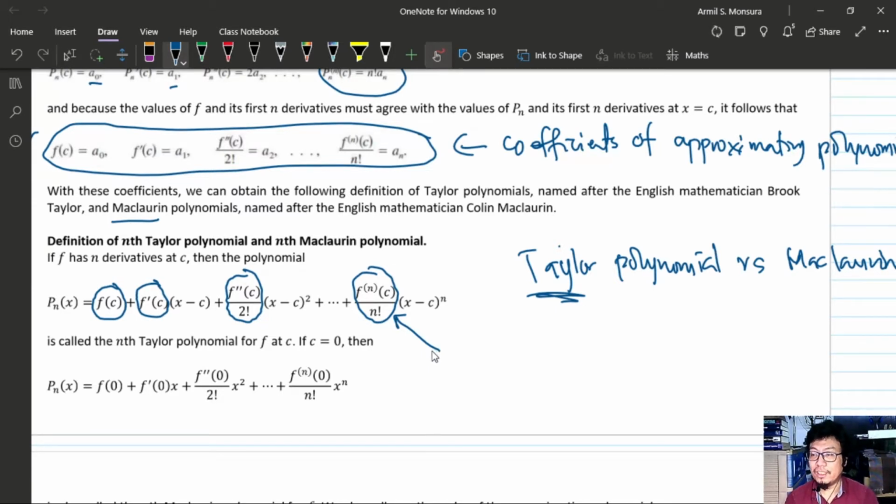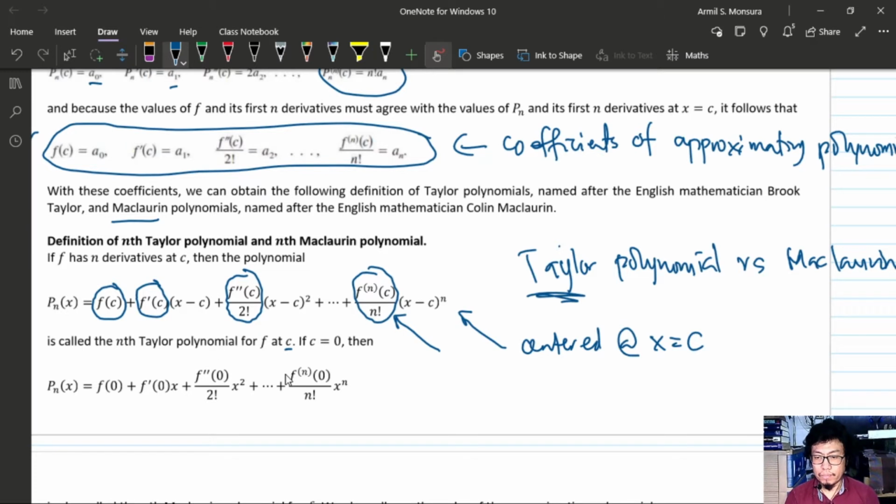So this is now called the Taylor polynomial. The Taylor polynomial is an approximating polynomial centered at x equals c. It's called the nth Taylor polynomial for f at c. The center is at c.